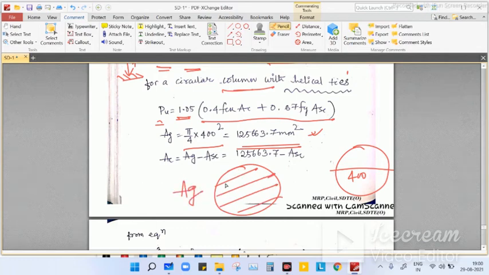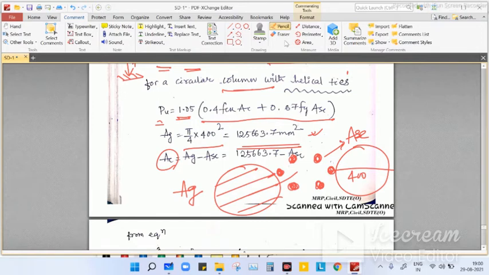From this gross area, we have to remove the reinforcing portion, then we will get the area of concrete. This reinforcing portion area is Asc. So from Ag, if we remove this Asc, we will get the concrete portion.